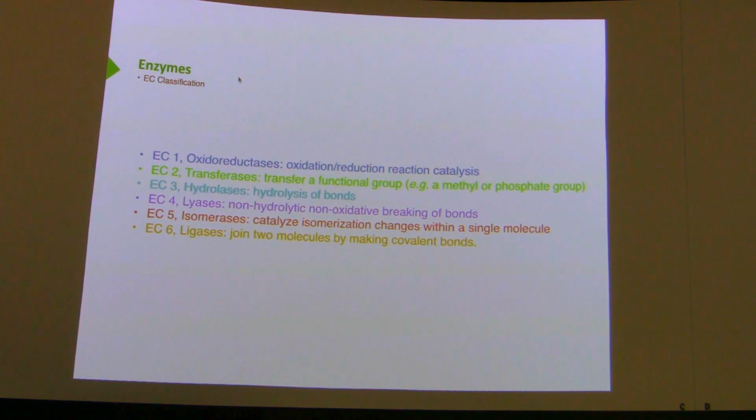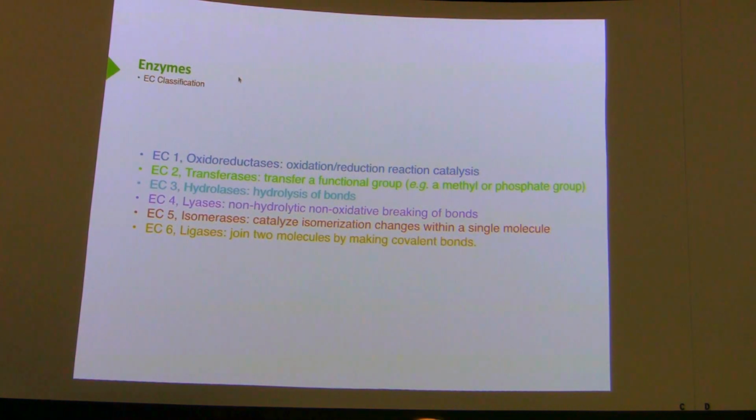So they came up with the EC system called the EC classification, which breaks all enzymes into 6 categories. And I'm going to go through those categories with you briefly to explain how those enzymes fit. Each enzyme correspondingly has a number that corresponds to it. So an enzyme, for example, that's an oxidoreductase will be in category 1.